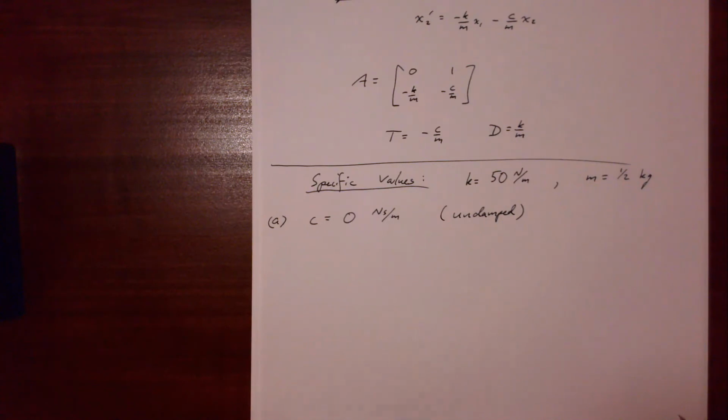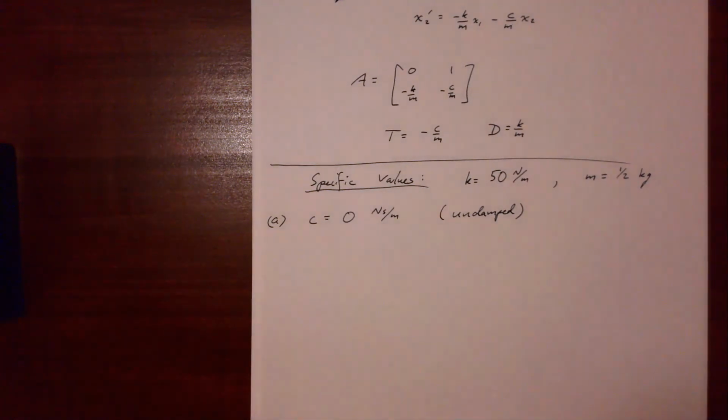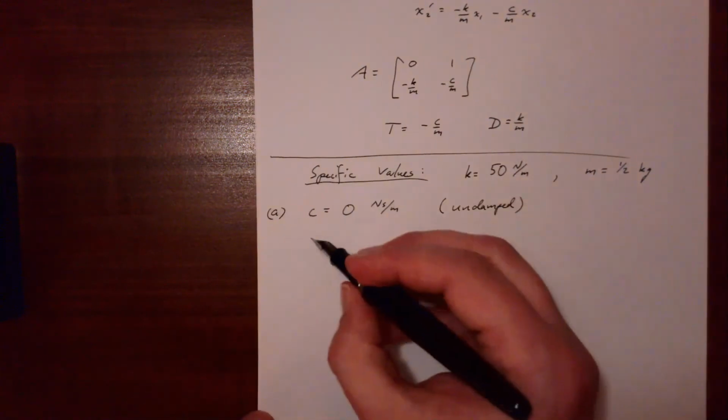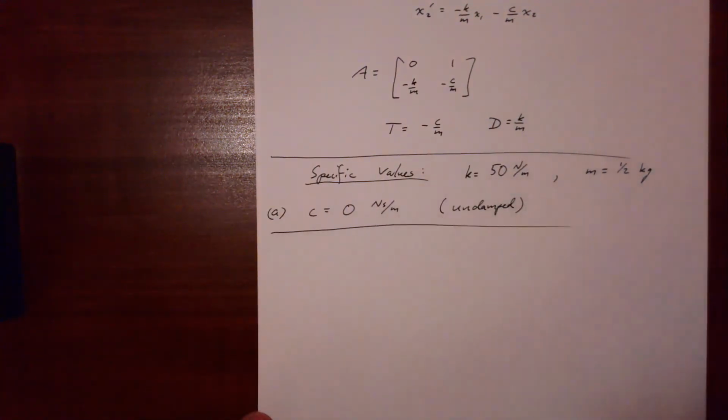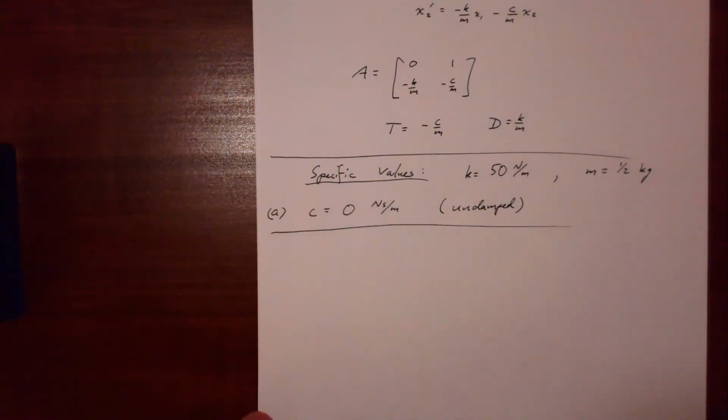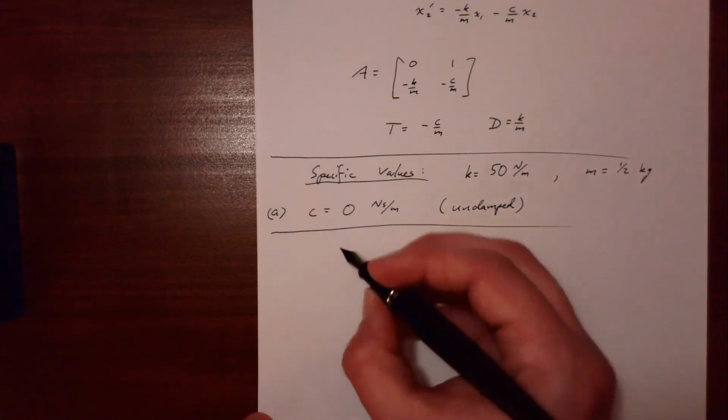So it has not been damped at all. There is no friction. We just have a spring. The spring has been set in motion, perhaps, depending on the initial conditions, and it'll just be oscillating back and forth. So I think we all know in our mind what we expect this situation to look like. It'll be going like that. But let's see if the math backs us up.